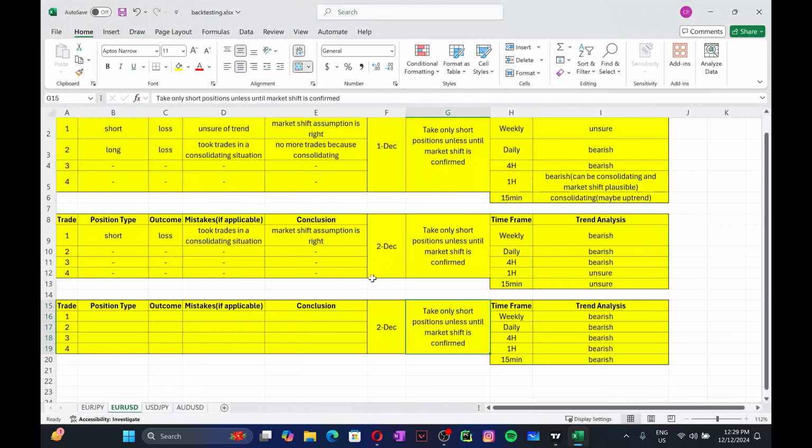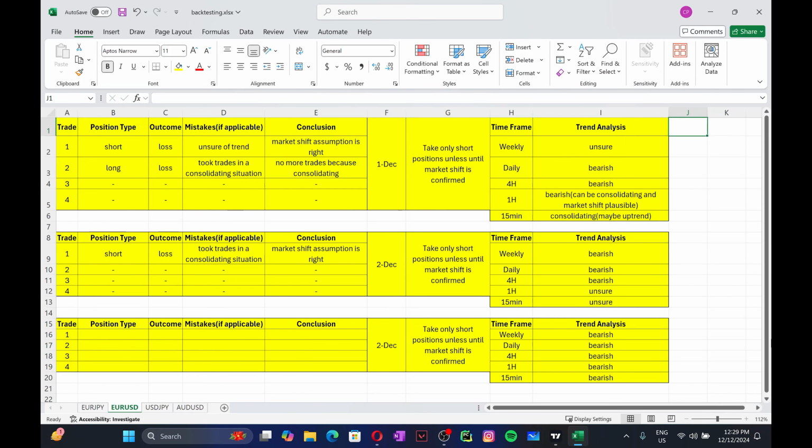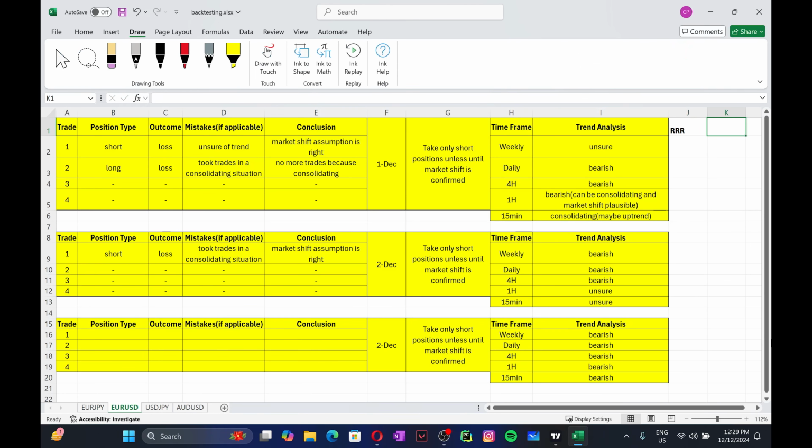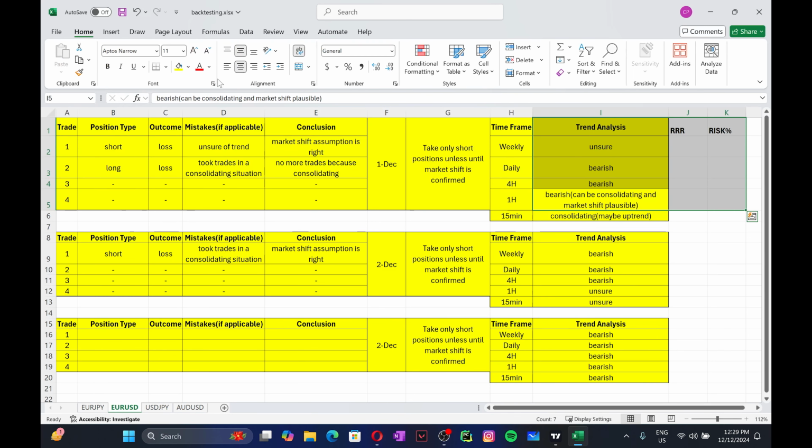What I'm going to do is I'm going to also add more things into my chart. So I'm going to add risk to reward ratio and the risk percentage. And again, you're going to have this yellow colored, obviously, and have all borders.